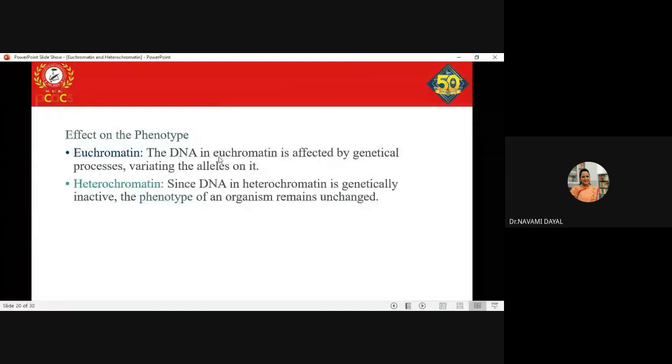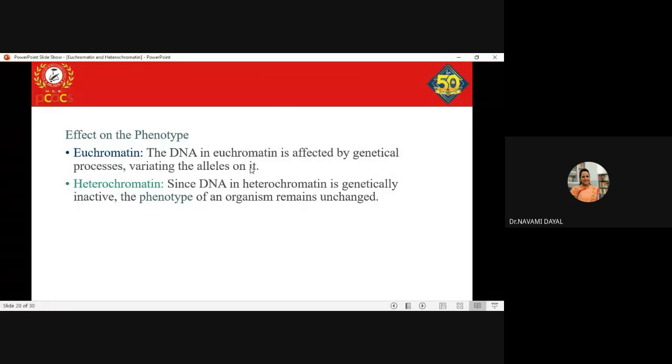The DNA in the euchromatin is affected by general processes, varying the alleles on it. The regions in the euchromatin are affected by crossing over events, so it has its effect on the phenotype. Heterochromatin is genetically inactive, crossing over events are not possible there, so that region remains unchanged.